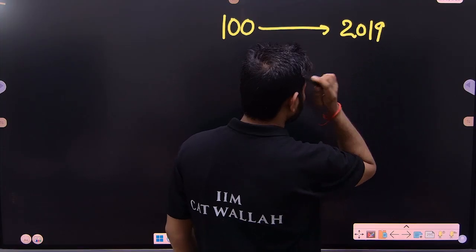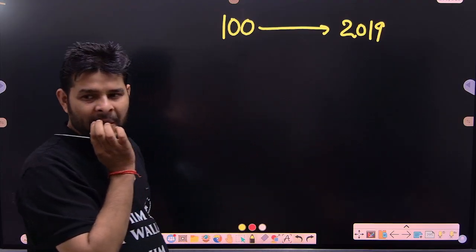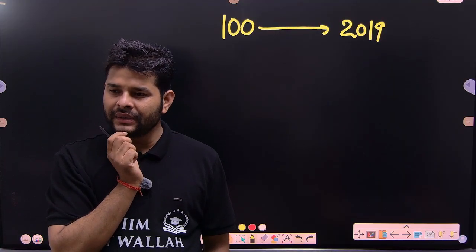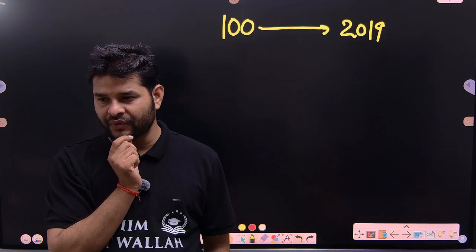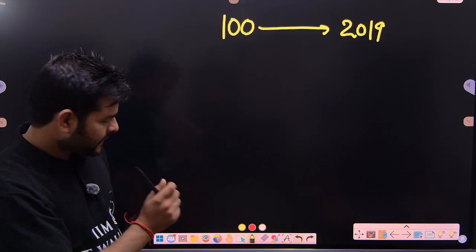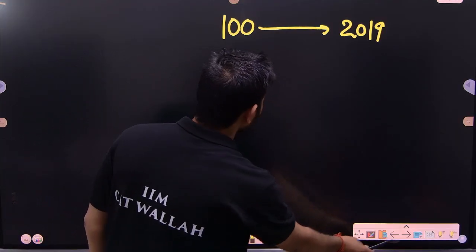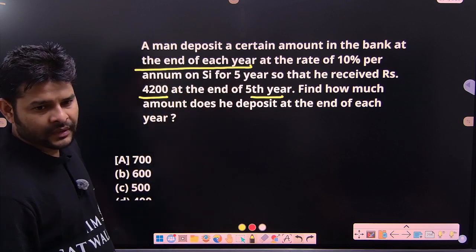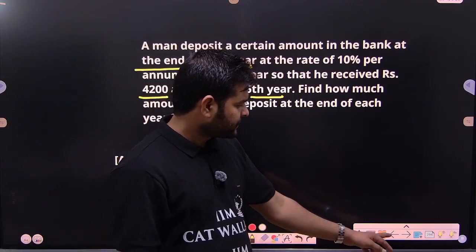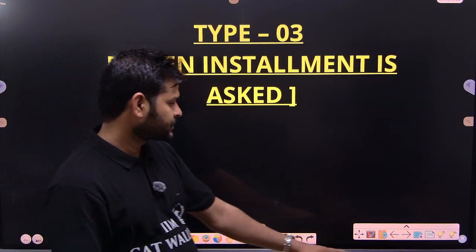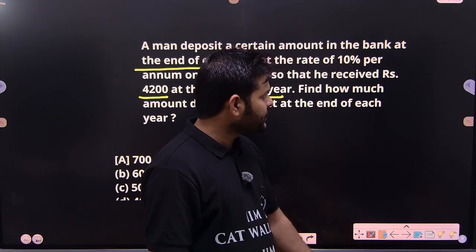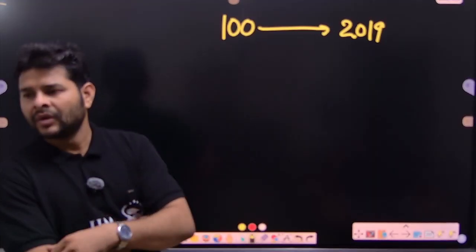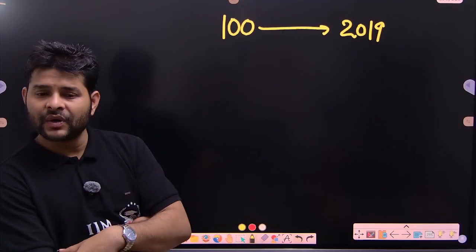at the end of 2019, on 31st of December of 2019, because the amount is deposited in the bank at the end of each year. So suppose a man deposits 100 units in the bank on 31st of December of 2019.